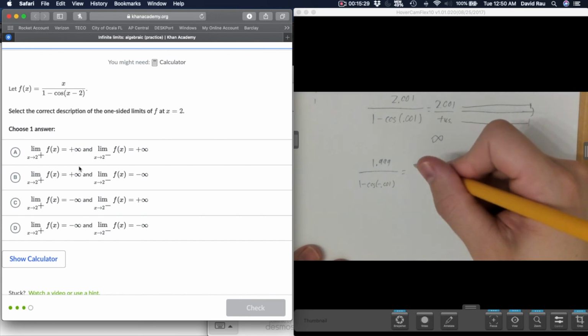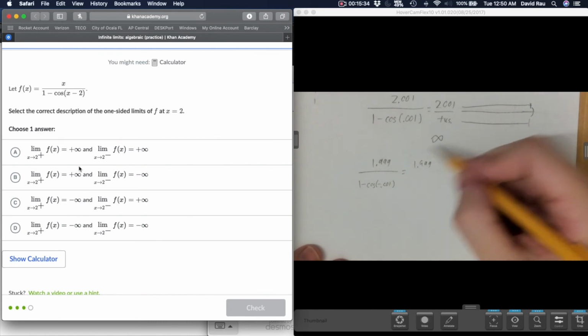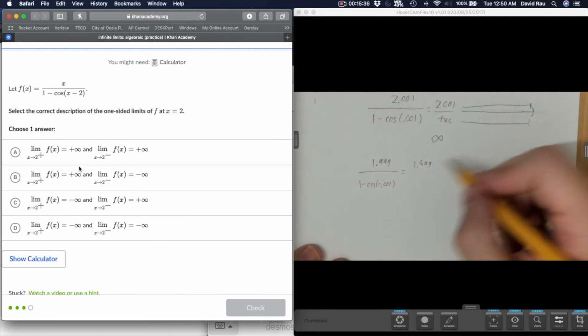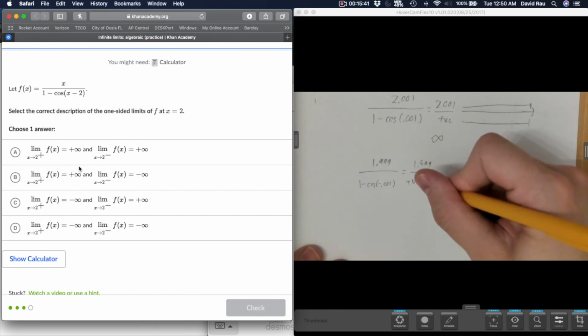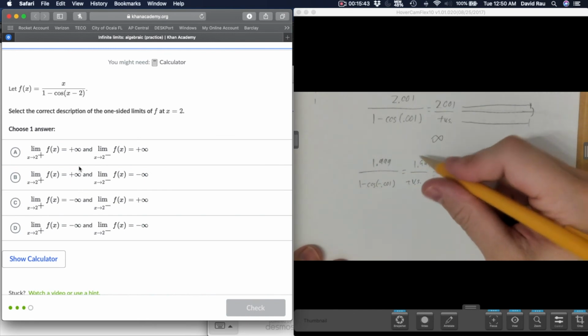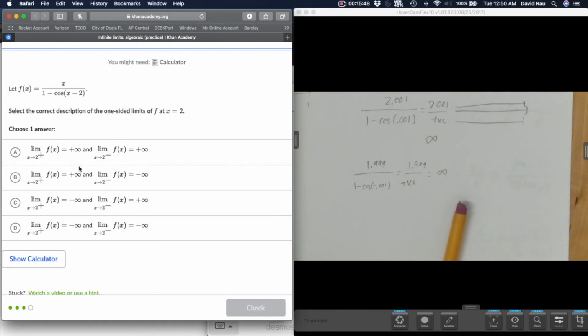So this is 1 minus cosine of something a little bit less than 1, which is a positive, very small. So again, if you divide 2 into positive small pieces, you'll get positive infinity. So the left and the right go to positive infinity.